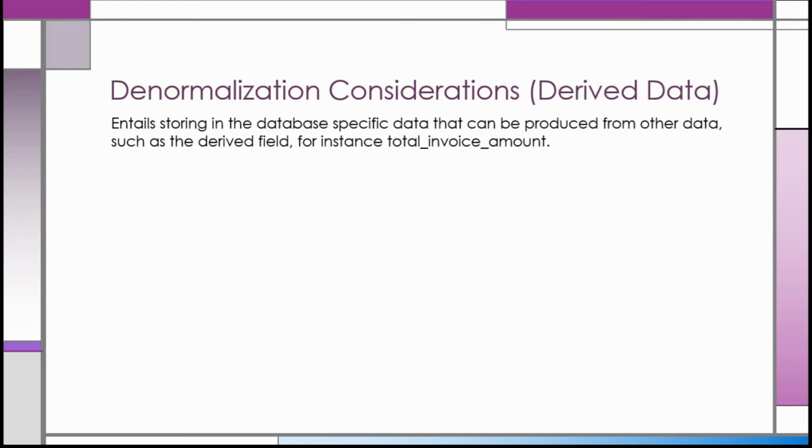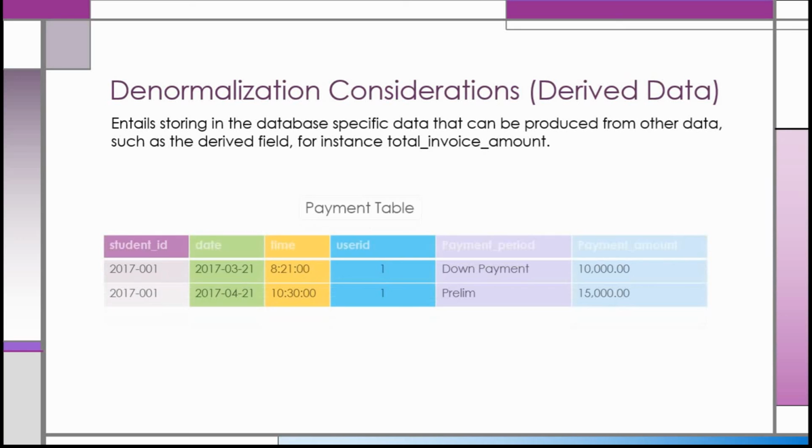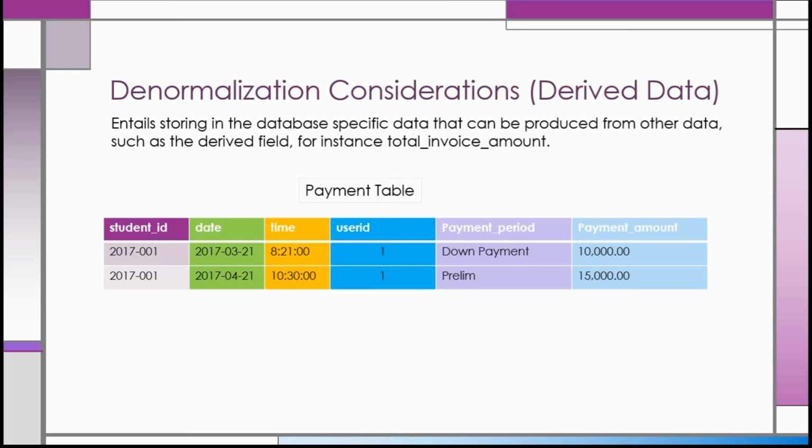First is the derived data. This entails storing in the database specific data that can be produced from other data, such as a derived field, for instance, total invoice. So let's have this example payment table that has a payment amount with corresponding values 10,000 and 15,000.